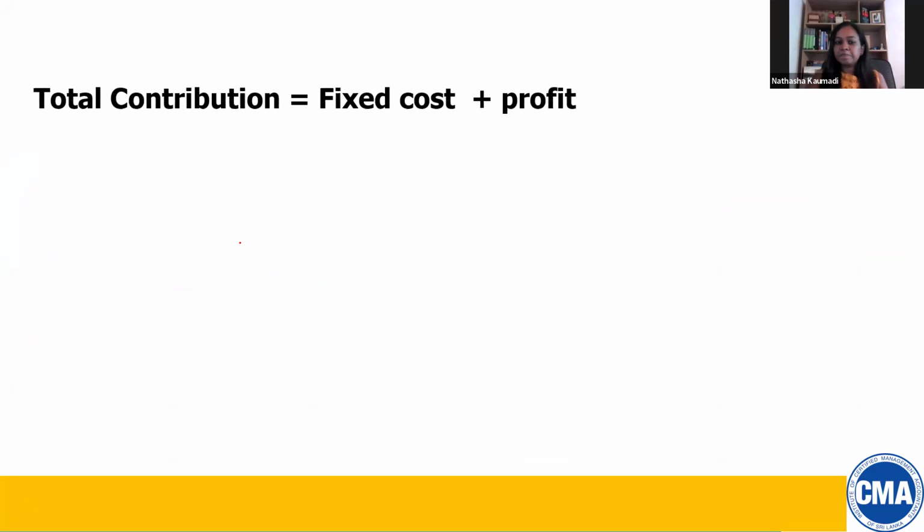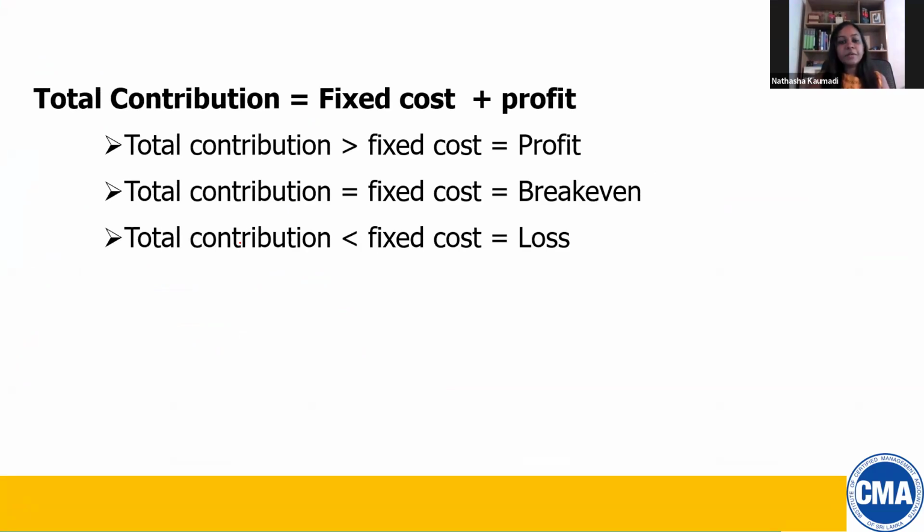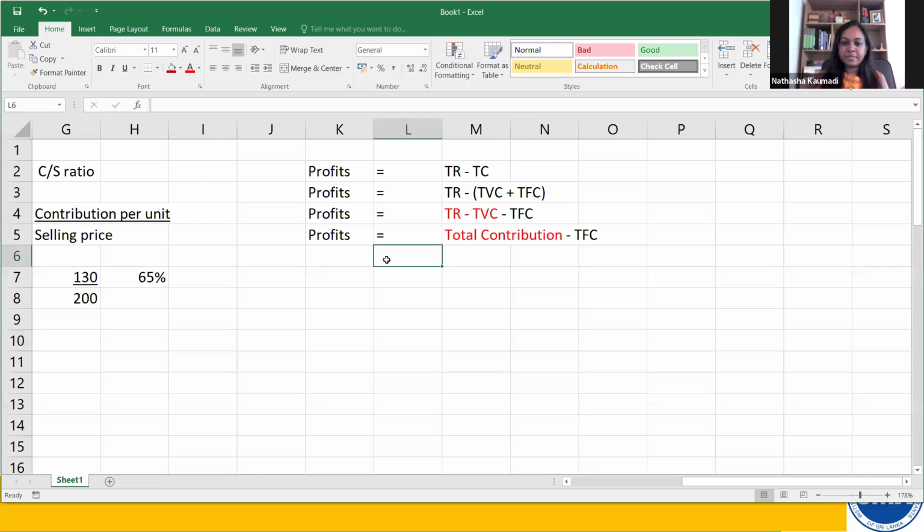And another thing, how can we interpret this? How do you interpret this? Now, total contribution. If I say total contribution equals, that means I'm writing the same formula again.